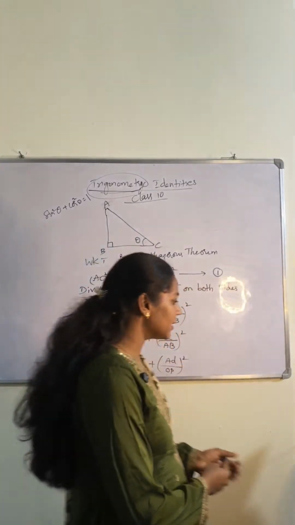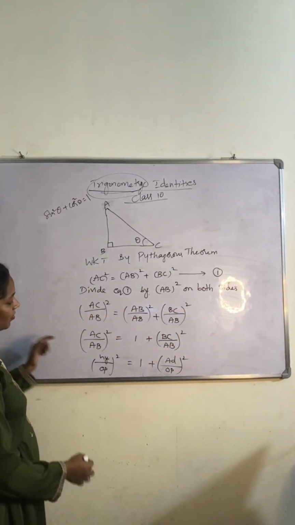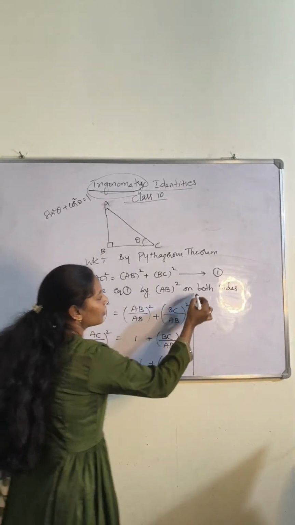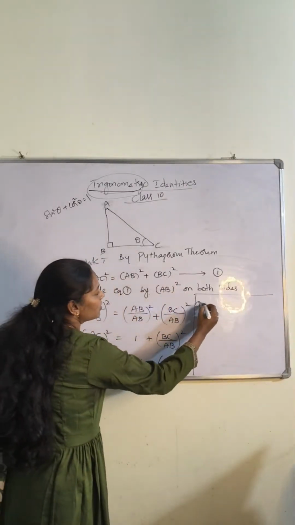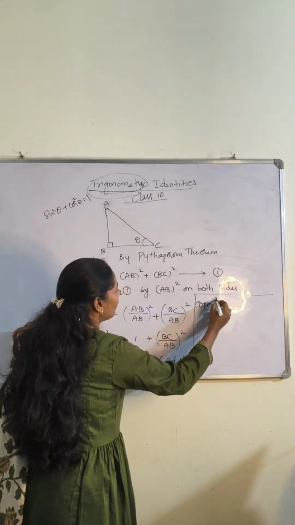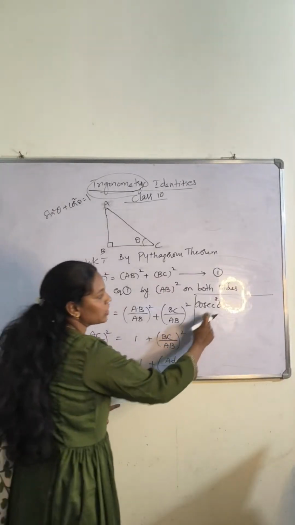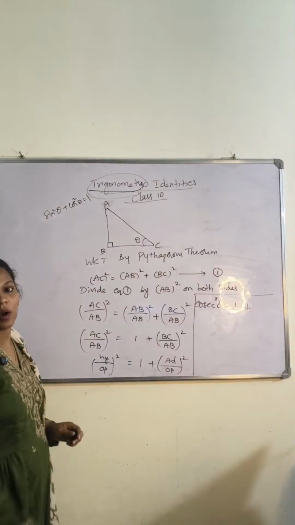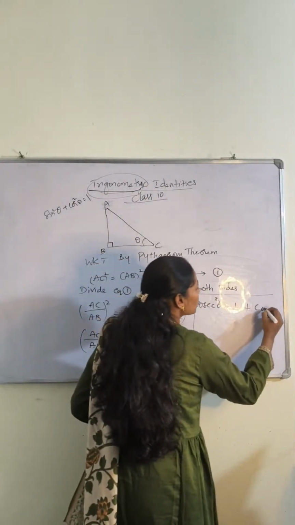Yeah, cosecant theta. Thank you, Ritika. So hypotenuse by opposite is nothing but reciprocal of sine. So it is cosecant theta, and we have whole square. So cosecant square theta is equals to 1 plus adjacent by opposite will be cot square theta.